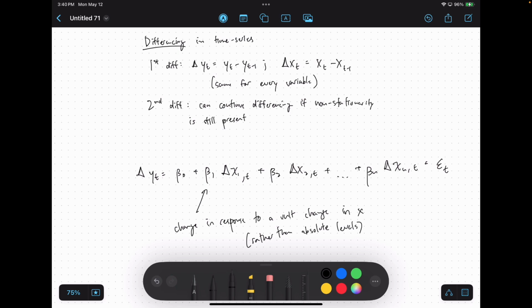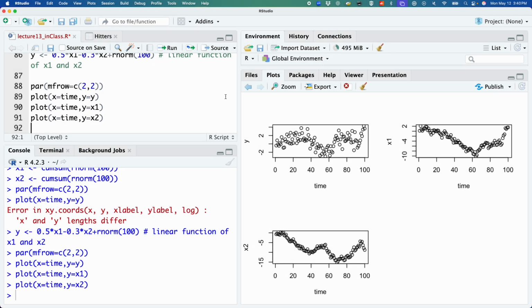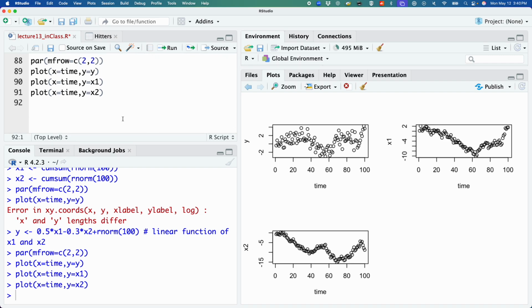So let's show this in R. Okay, so this particular data set, I can difference the data.